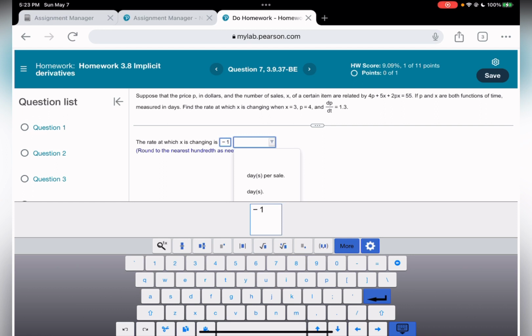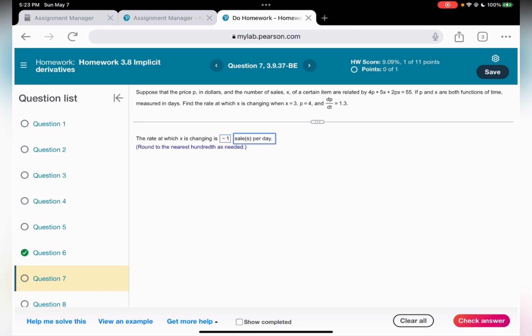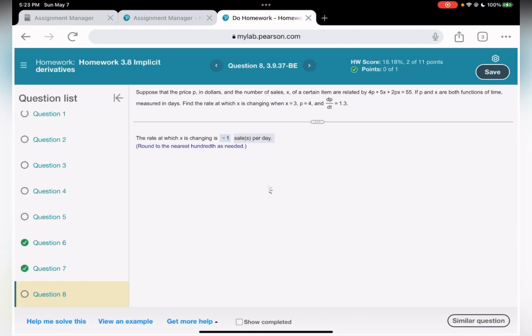Well, it's wrong. It should be cells per day. They messed up, days per cell. Is there anything else? Ah, yeah, here it is, cells per day. Okay. And I'm thinking, what's happening?